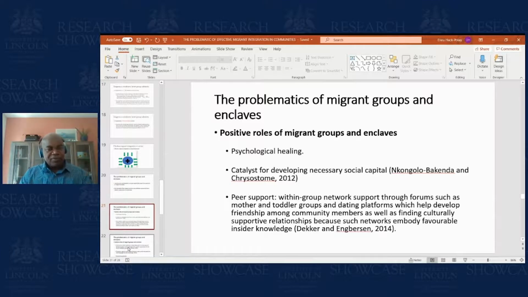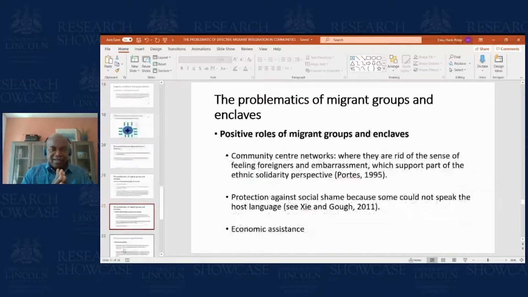So the peer support that is available in migrant networks is incredible. It's really important in settling the new migrant in the new collectivity, as Decker and Ingerson also found. Our research evidence points to the same. So psychological healing is an important thing that migrant enclaves have.